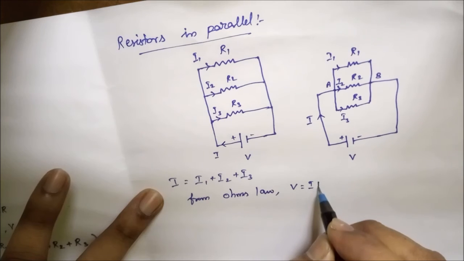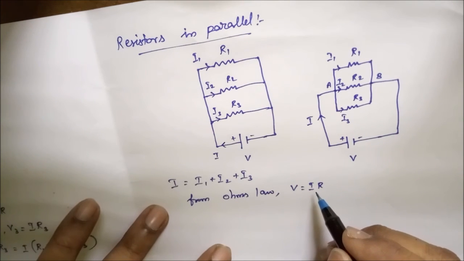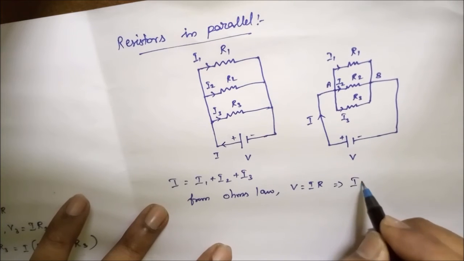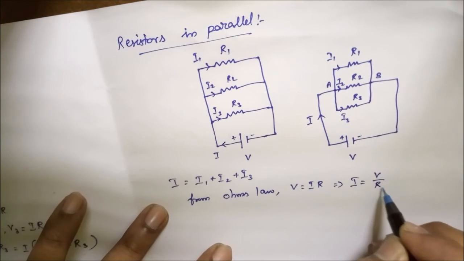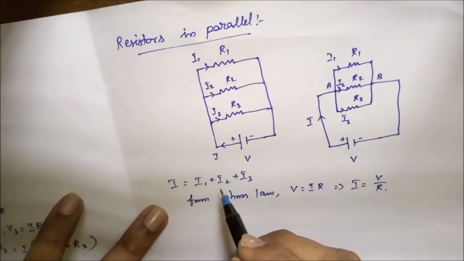V is equal to I into R. Now rearranging this, I is equal to V divided by R. Now this condition we have to apply in this above situation.